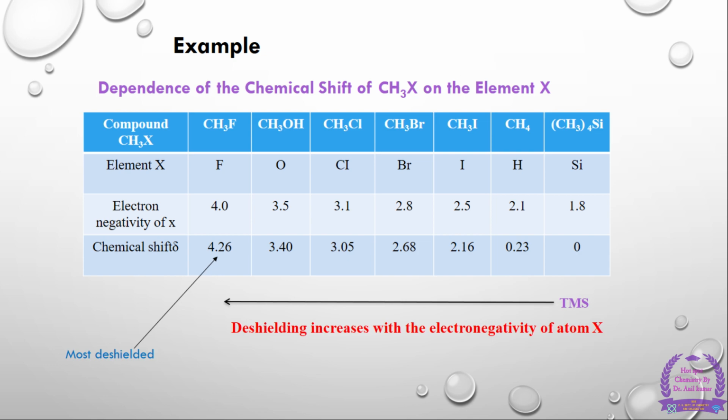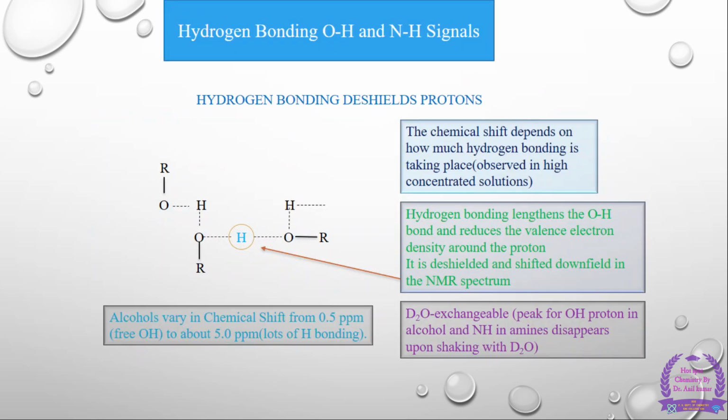That is, from TMS, the deshielding increases with the electronegativity of the atom X. Also, hydrogen bonding of OH and NH signals. Hydrogen bonding deshields protons. Here in this figure, we will see that alcohols vary in chemical shift from 0.5 ppm, that is free OH, to about 5.0 ppm, where there is hydrogen bonding.